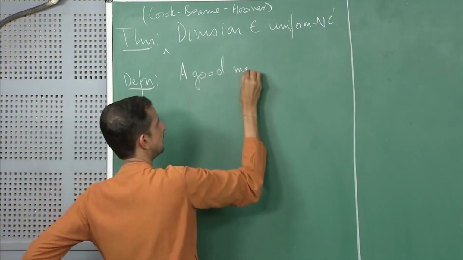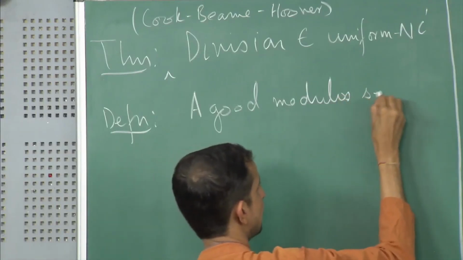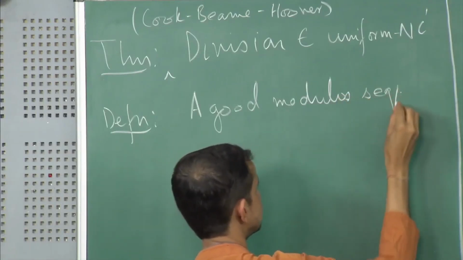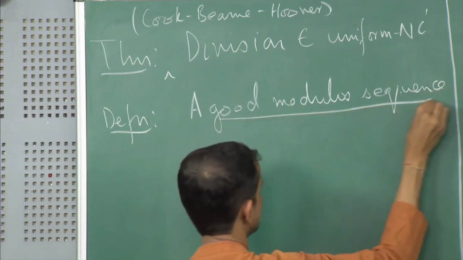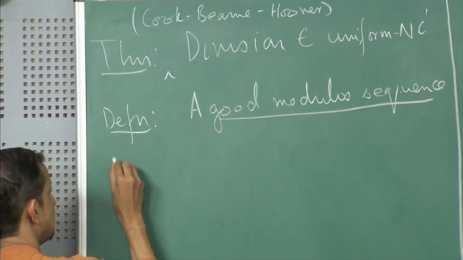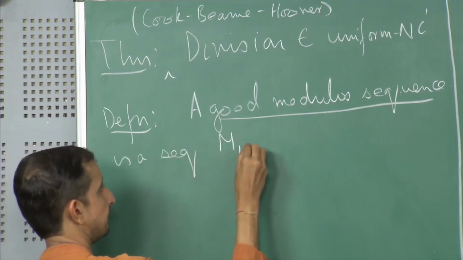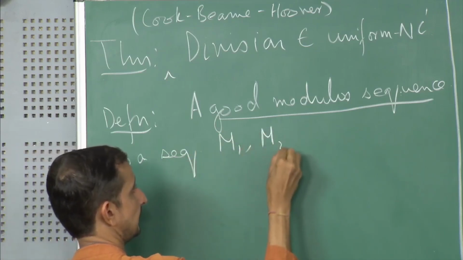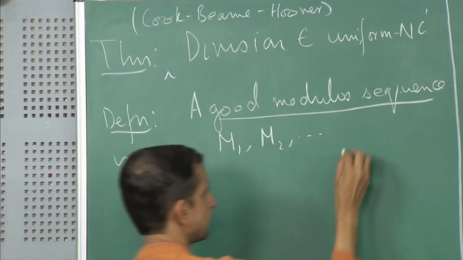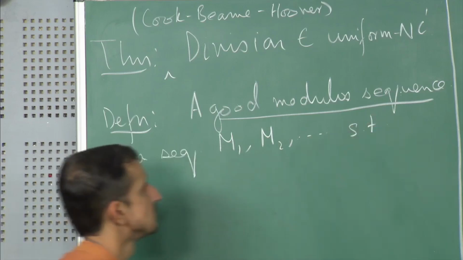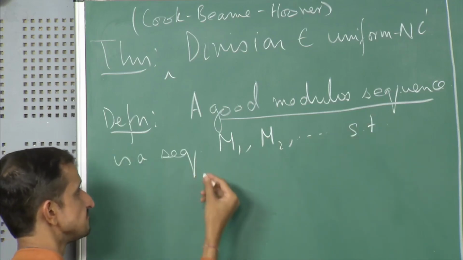A good modulus sequence is a sequence M1, M2, and so on, such that Mn has two properties.